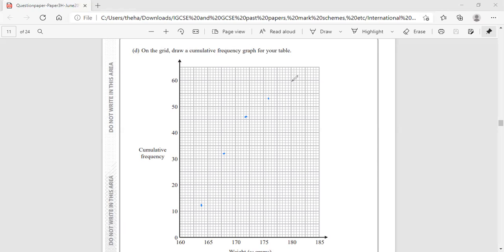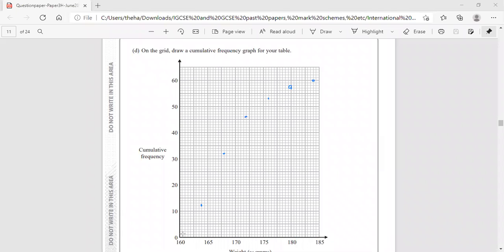The last one is going to be 184, and then we're going to go to 60. So that's that. Now we can draw in the curve.